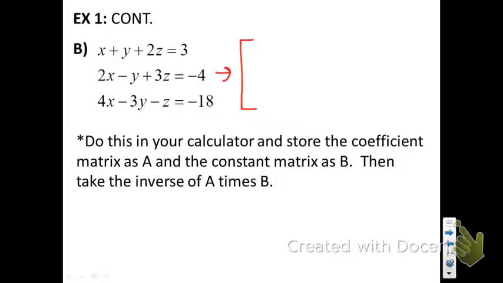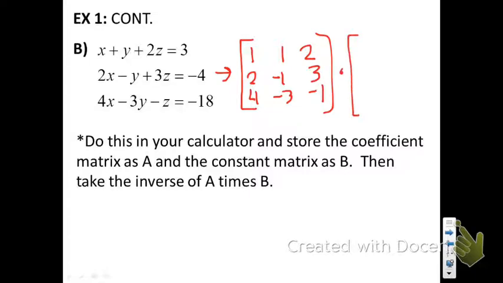So we take our matrix equation by writing the coefficients, 2, negative 1, 3, and 4, negative 3, negative 1, times our variable matrix, x, y, z, and this will equal your constant matrix, 3, negative 4, negative 18.